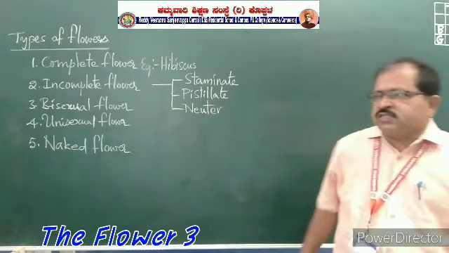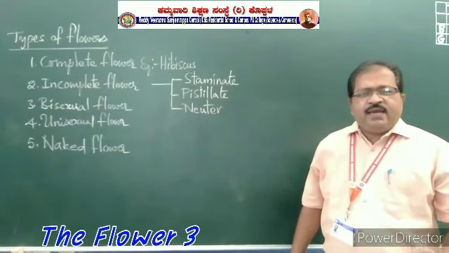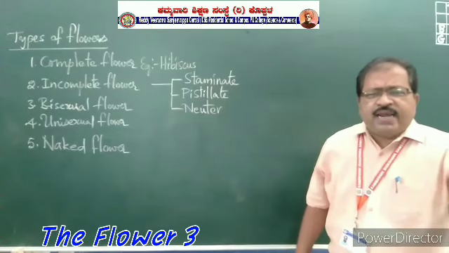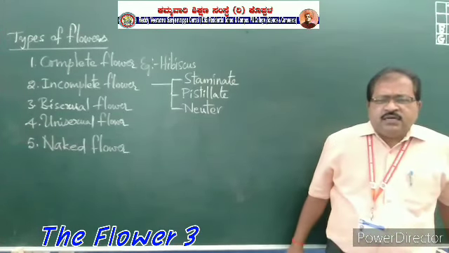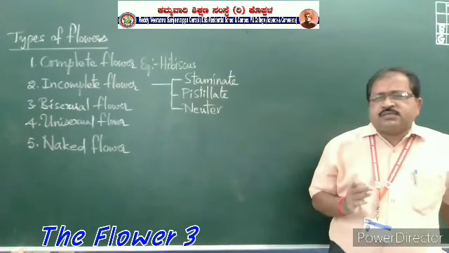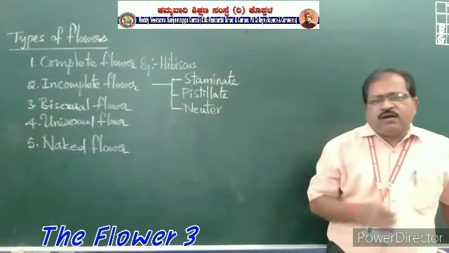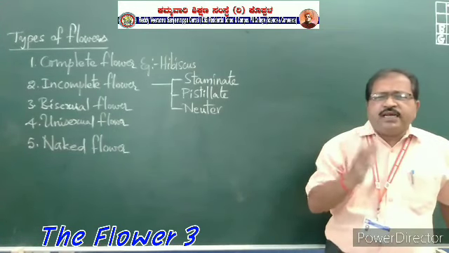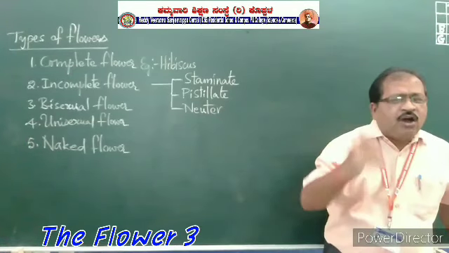Staminate flower: the flower which contains only stamens, along with the calyx and corolla. In these flowers, the pistil is either absent or non-functional.